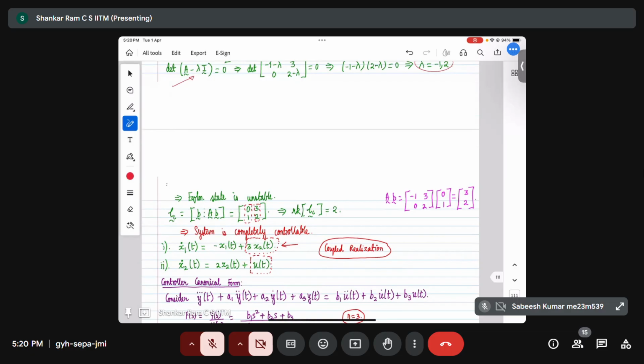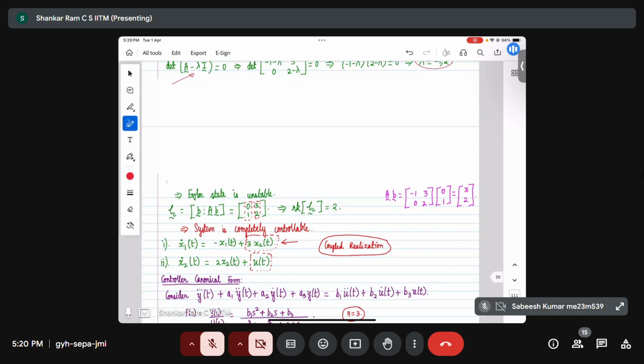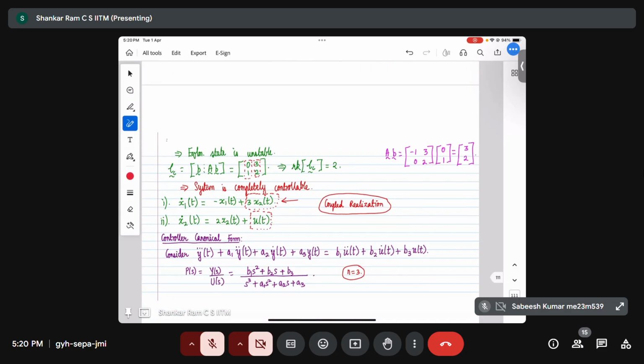But now, what changes? We observe something very interesting. We calculate the controllability matrix CC, which is once again B and AB. Now you can see that B is 0, 1. When we calculate AB, due to the fact that this off diagonal term is now non-zero, AB comes to be 3 and 2. And the controllability matrix now has full rank.